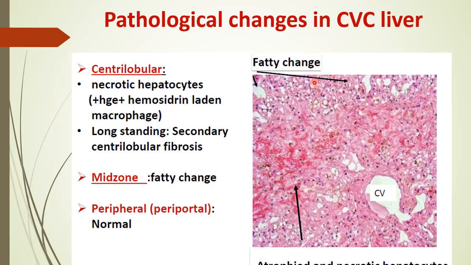With more advanced cases, central lobular fibrosis occurs and regenerative nodules of the hepatic parenchyma can develop, leading to cardiac cirrhosis.